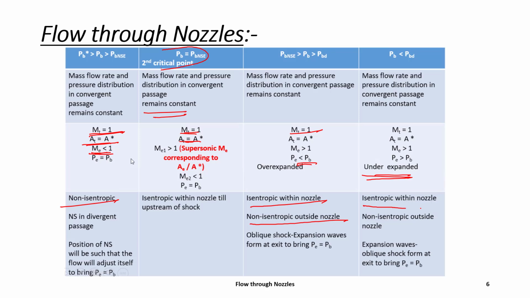And flow will be isentropic within the nozzle and non-isentropic outside the nozzle. Reducing the pressure can only be done through the expansion wave. So at the exit there will be an expansion wave. And after that, due to the reflection and all, there will be an oblique shock.